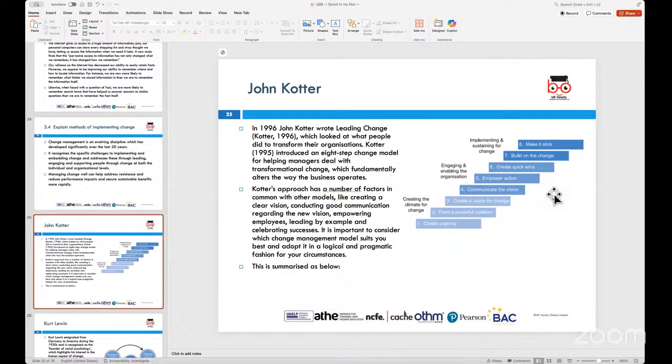Then at some stage, it will be introduced first in a part of the organization to see whether everything is working. And if it is working, then it will be introduced across the organization. And there is a process in which feedback is required to be taken.